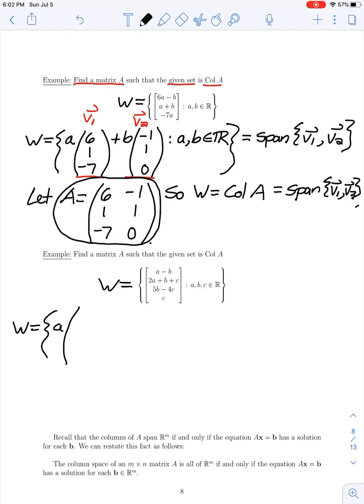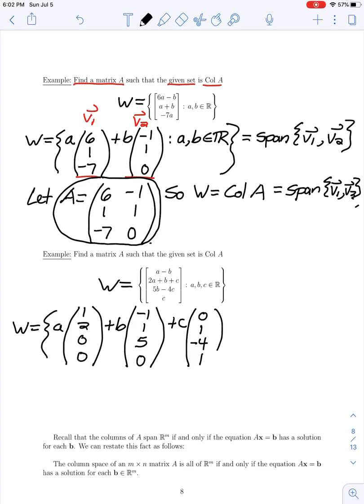So here we could have a times 1, 2, 0, 0, plus b times negative 1, 1, 5, 0, plus c times 0, 1, negative 4, 1, such that a, b, and c are real numbers.